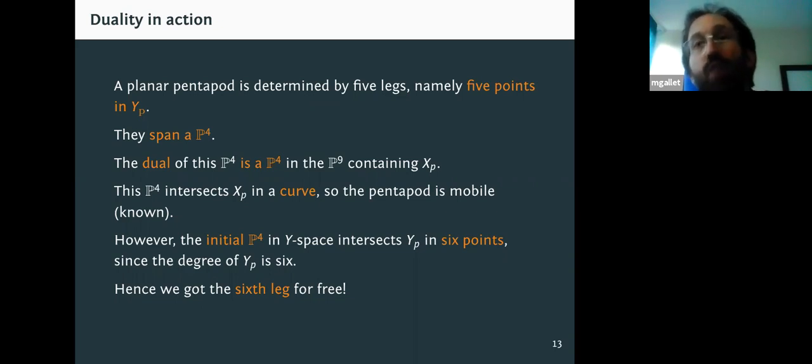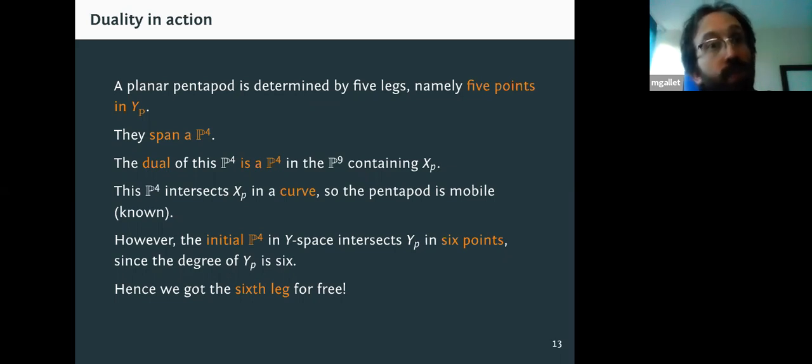But the degree of YP is 6, which means that the P4 that was spanned by the initial 5 legs actually intersects YP in a further 6th point. Okay, and so in this way we got the 6th leg for free. Then by adding this 6th leg, we don't change the locus of compatible configurations, because the dual is the same, because we haven't changed the P4 we started with.